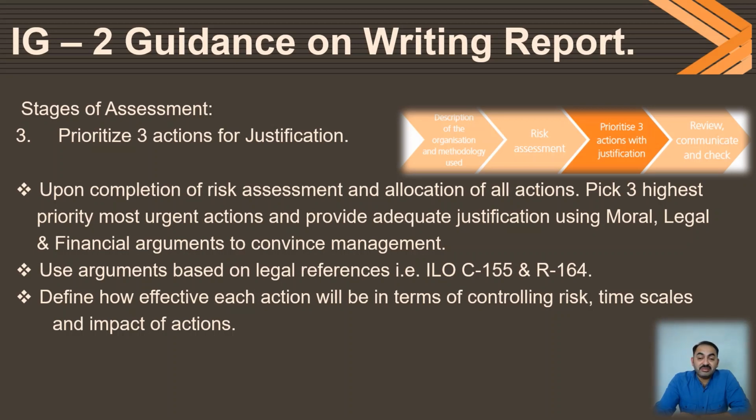This control might not take much time, might not involve much cost and effort, and it will save you from all of those implications you discussed above: legal, moral and financial. So you need to sell your idea to the management. You need to discuss all of these three important actions in a way that management is happy to put that control in place, approves all of those controls, and provides you resources accordingly.